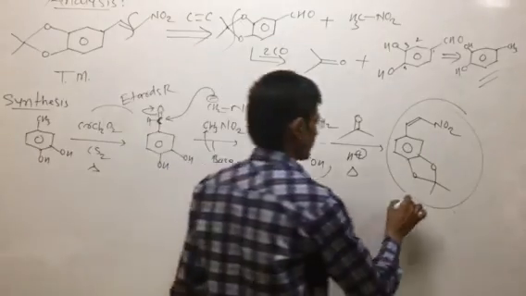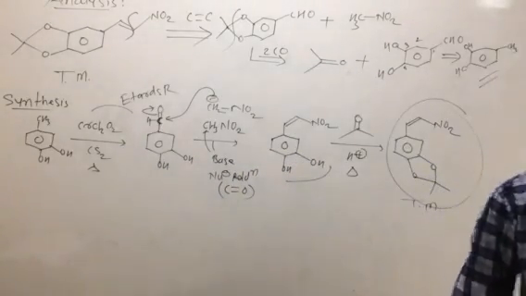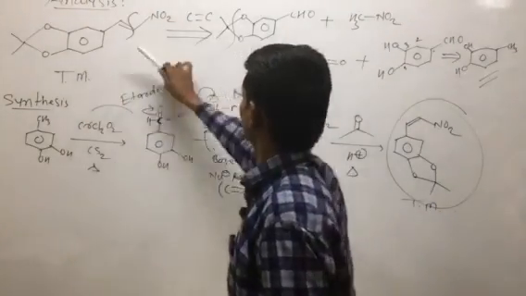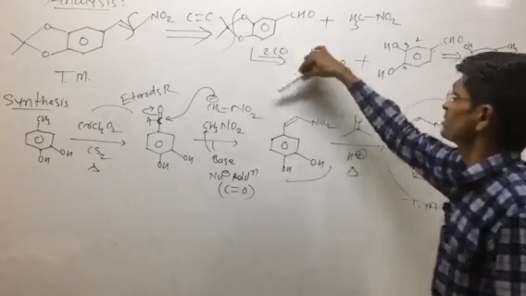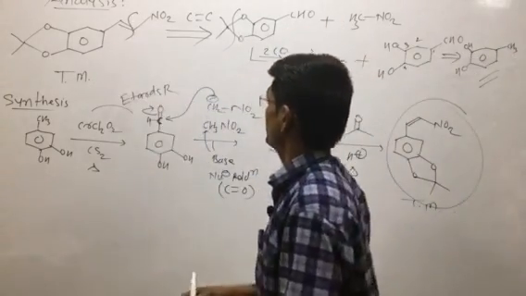So this is our target molecule, the retrosynthesis of the given target molecule. Through the 2C-O disconnection, the cyclic ether is formed, with CHO here as an alpha-beta unsaturated carbonyl compound.